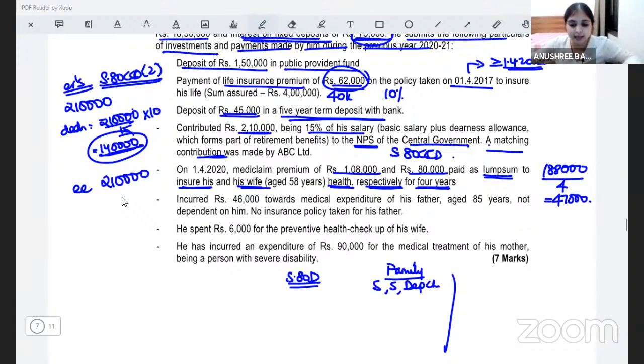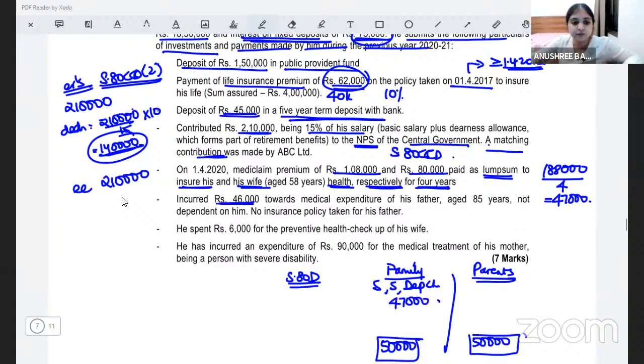And then another category would be parents of the assessee. My assessee over here is a senior citizen. So the limit for family will be 50,000 and the limit for parents also will be 50,000. For family, we are getting 47,000 right now.